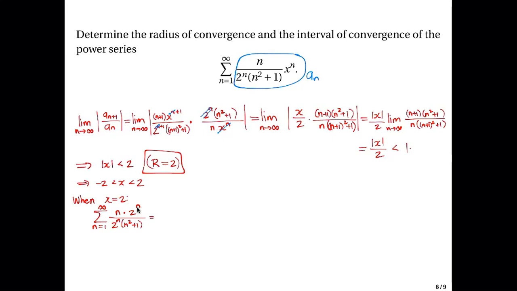And you see this is just the series n over n squared plus 1, n from 1 up to plus infinity. And what do you do for this? We can use comparison test or limit comparison test.